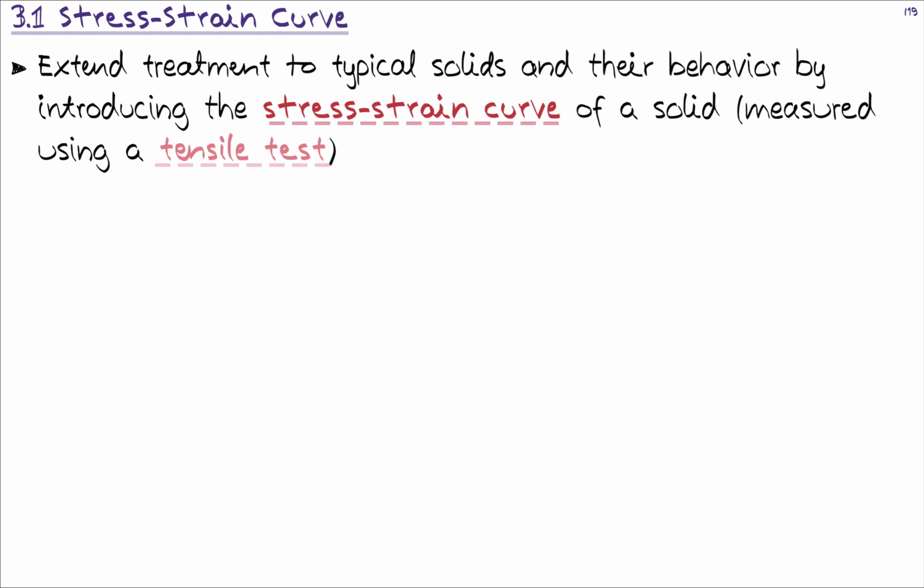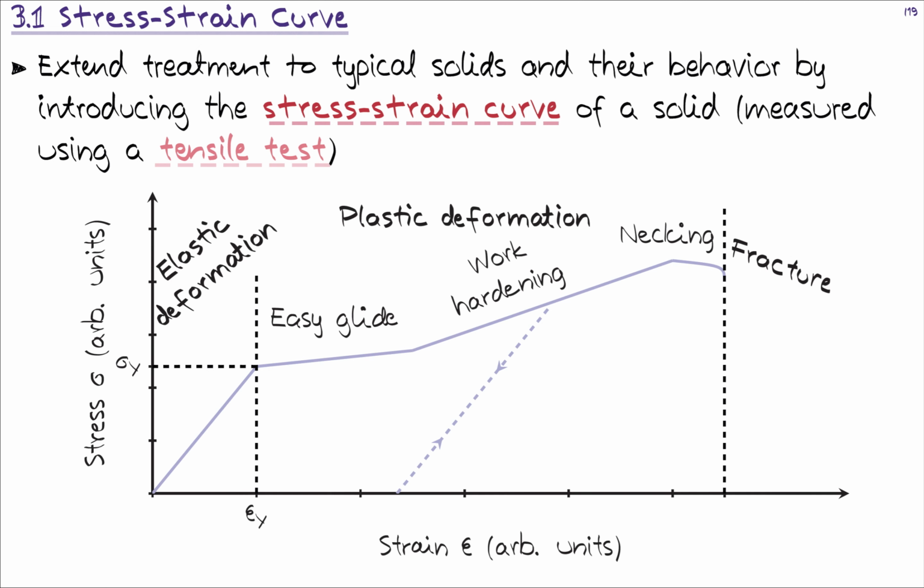So we try to stretch the material, and once we know how much force we are applying, and if we can measure how much the material is being stretched, then we can characterize the material by making use of the stress strain curve.